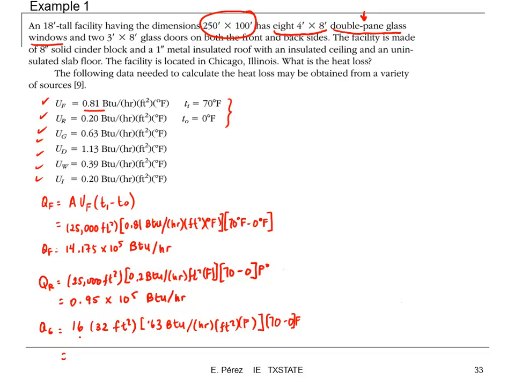And that is equal to 0.06 times 10 to the 5 BTU per hour.